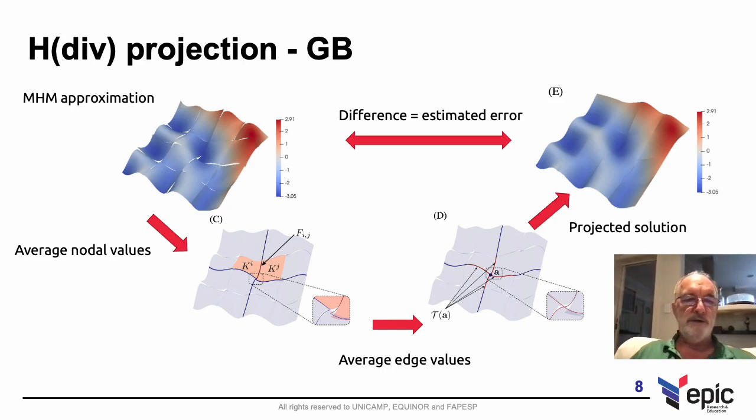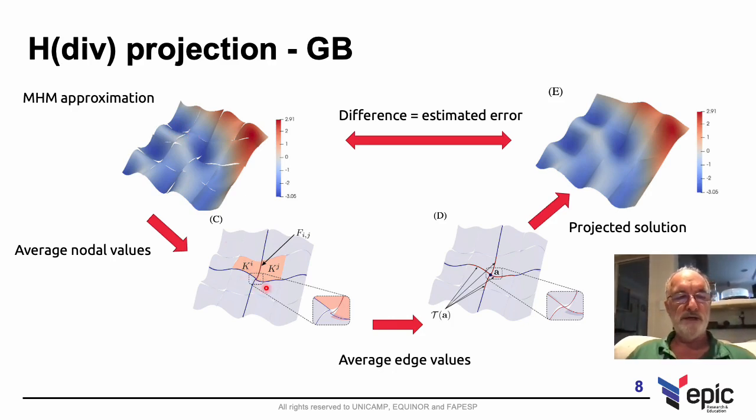So how do we do that? On the top left, you can see the MHM approximation of an oscillatory problem. You see it is discontinuous. So first we take the average at the nodes, at the nodal intersection of the MHM domains.